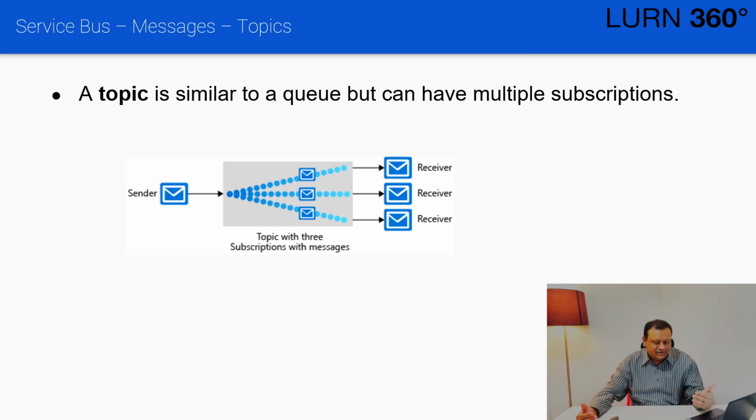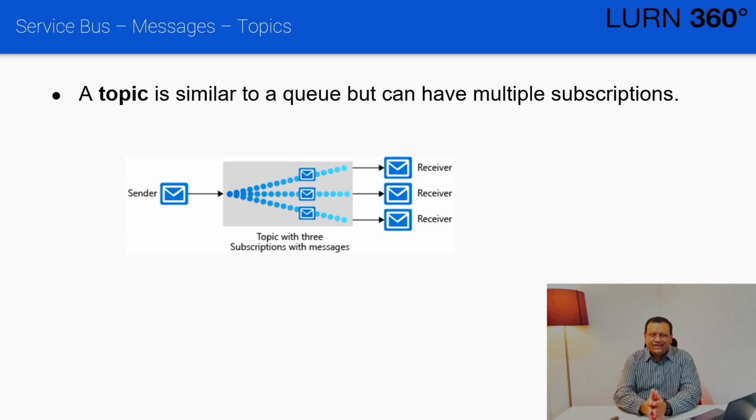Let's say you're sending an order detail to a topic, and some of the data from that order is required by multiple systems. For example, your database also needs it, your CRM also needs it, your finance system also needs it. All three of these systems, or multiple systems, can subscribe to the same message from that topic.